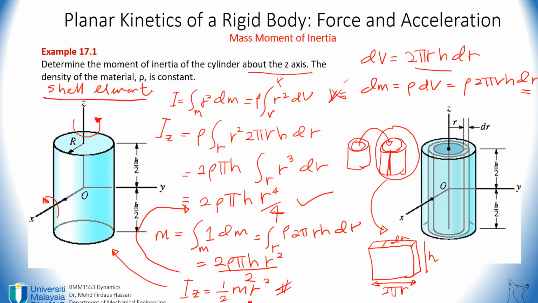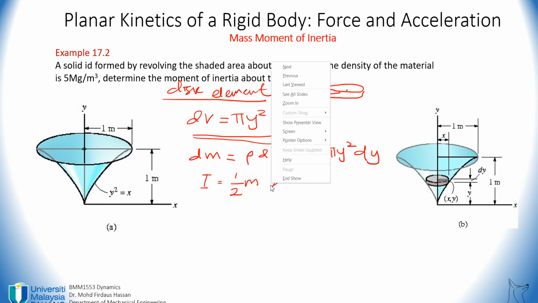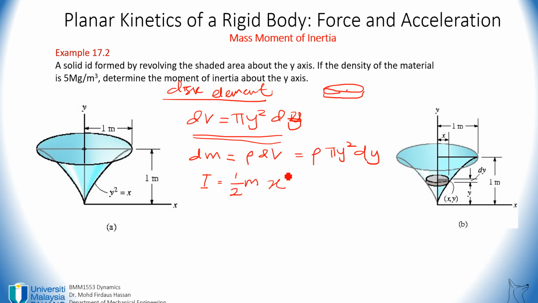We say that this element is like a thin cylinder, where I is equal to half m x squared, because x is r here.